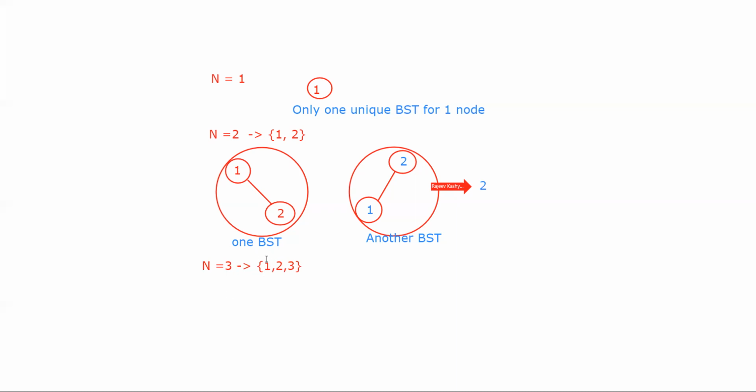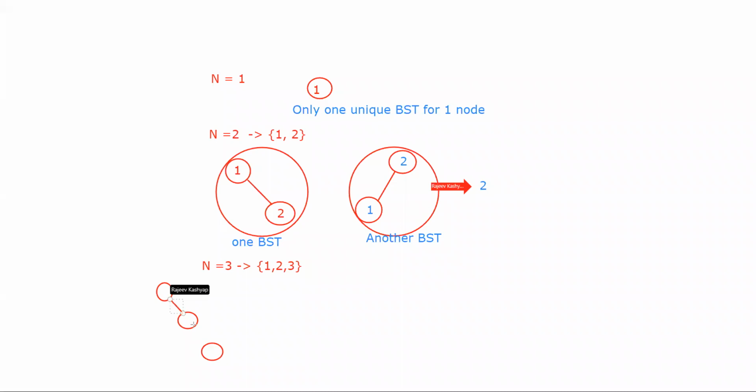If I am using one as the root node, then how many trees can I create? One is my root node, and two will be on the right, and then three is the right of two.